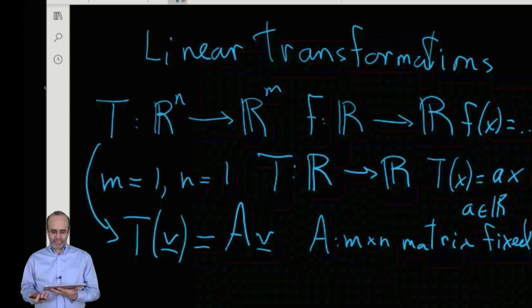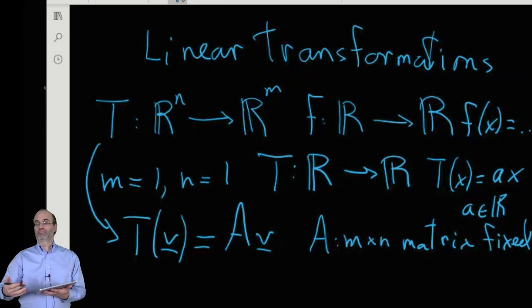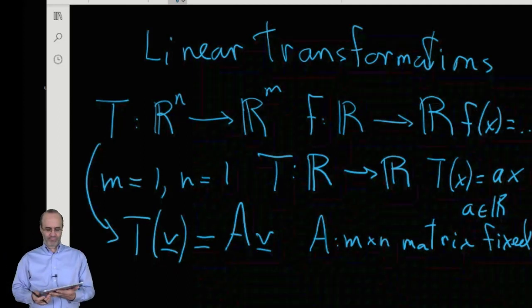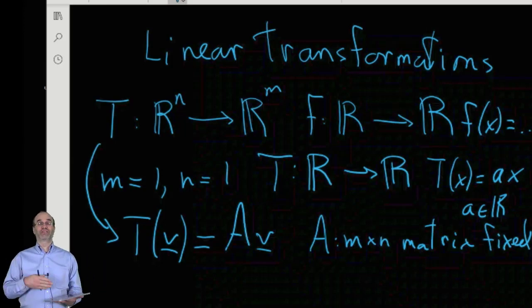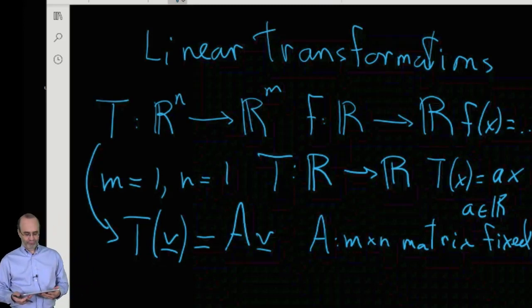All right, so now I just want to look at some examples of linear transformations. In the next video, we'll see how to check if a function is a linear transformation or not. But now I just want to look at some examples.